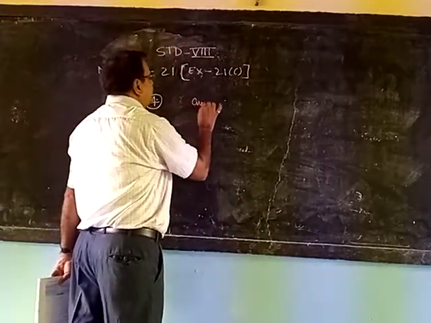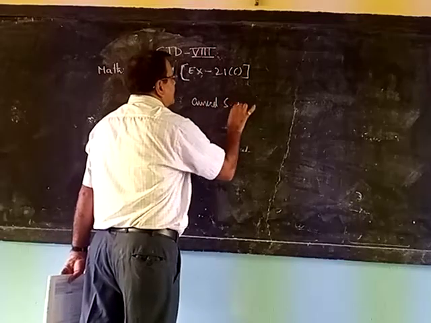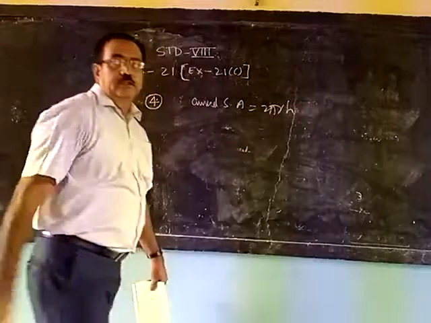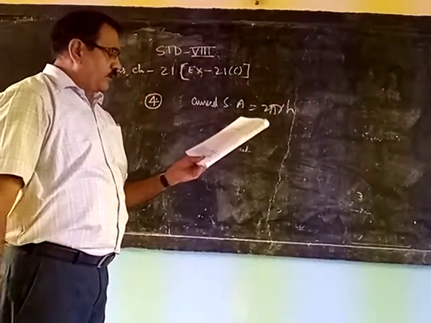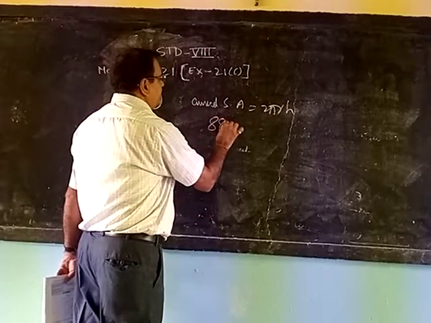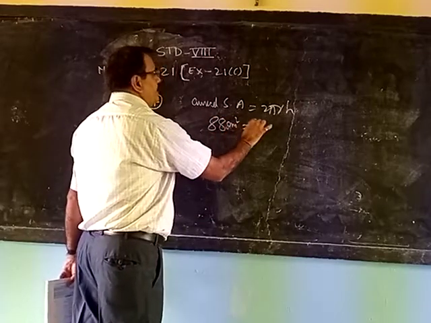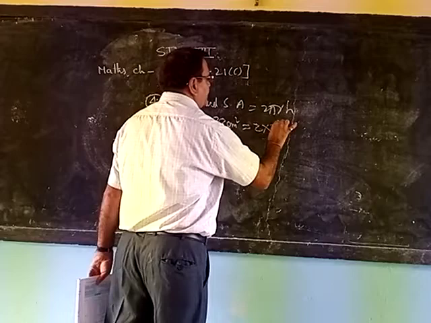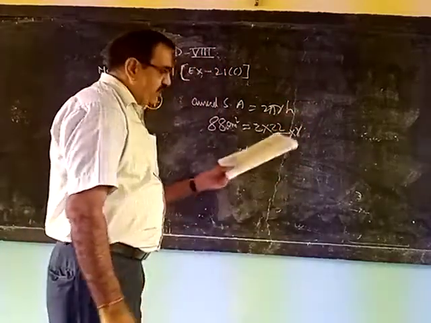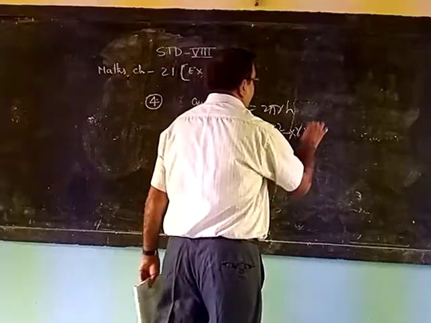So, the curved surface area formula you know: curved surface area is equal to 2 pi r h. Now, the curved surface area value is given, 88 cm square. 2 pi, you know, is 22 by 7. R is not given. H is given, 14.